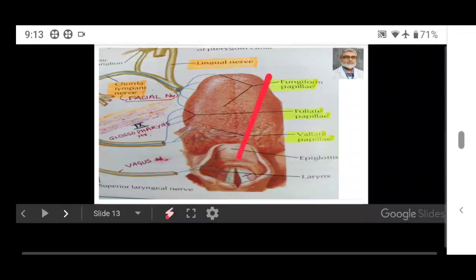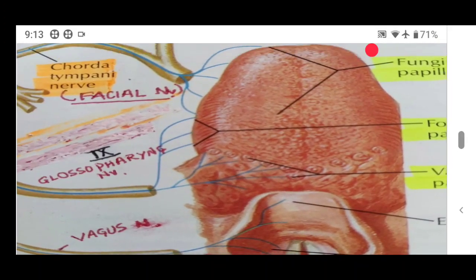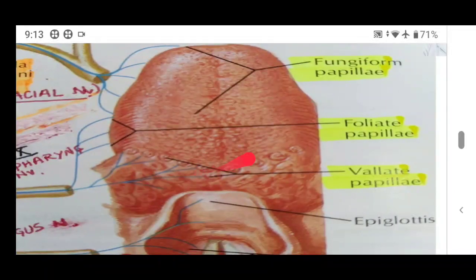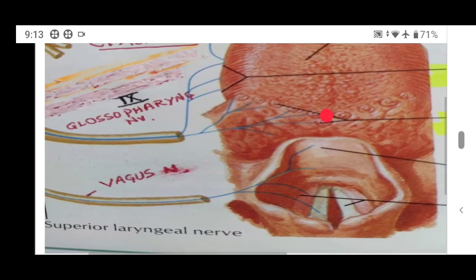You can see here very well different nerves, different papillae. You can see fungiform papillae, foliate papillae, vallate papillae, and epiglottis. You can see here the epiglottic region. Some area of the anterior surface of the epiglottic epithelium receives the vagus nerve.